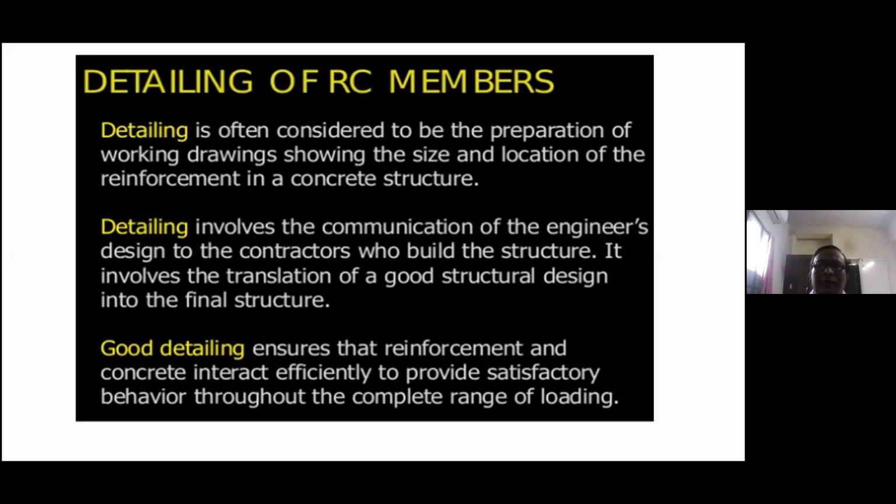For the moment required, you calculate the Ast. Now we have to provide it in terms of bars. As I already mentioned, we provide 3 numbers of 16 mm diameter bar. Now, how are we going to anchor these bars into the other member? Sometimes it will be anchored into the column, sometimes into the beam.